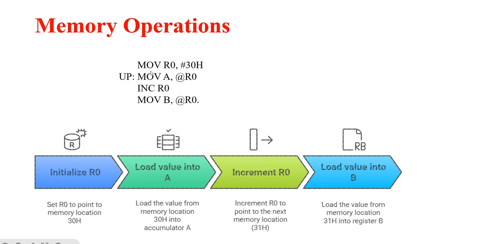Then UP is the label marking the beginning of the inner loop. Then we will load the value from the memory location 30h into the accumulator A. Then we will increment R0 to the next memory location and we will load the value from the memory location 31h into the register B.